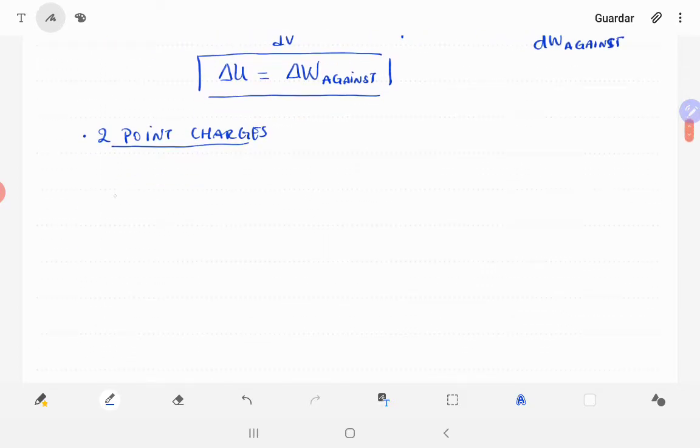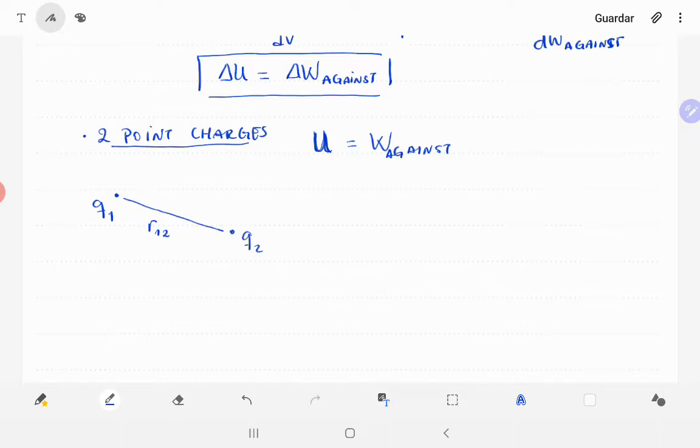So imagine we have one point charge here, Q1, and one point charge here, Q2, and they are both at a distance of R12. So we want to know what is the electrostatic potential energy of the system, and this is going to be the work that I have to do against the field to set up this system of point charges.